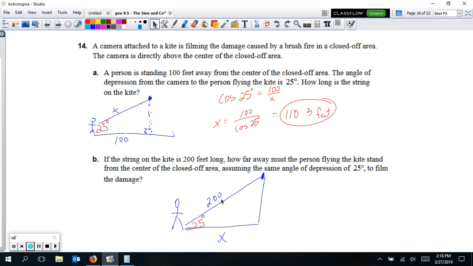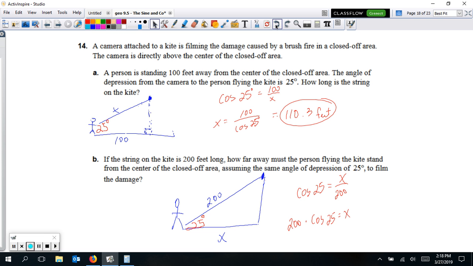So this time we're going to need x over 200. That's still adjacent over hypotenuse, so we're still using the cosine of 25 degrees, but this time it's going to equal x over 200. Now we just multiply both sides by 200, so we're multiplying the cosine of 25 degrees by 200.